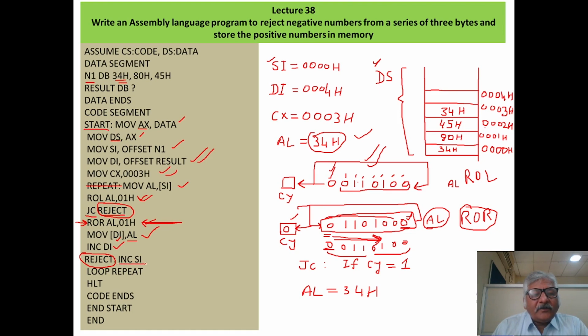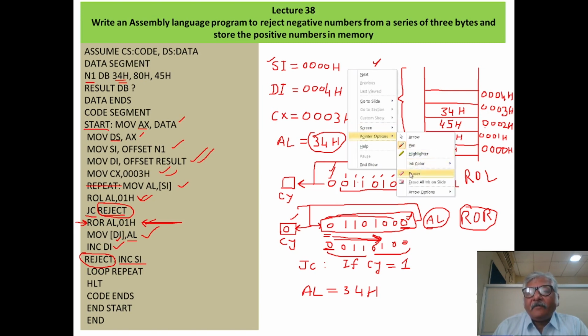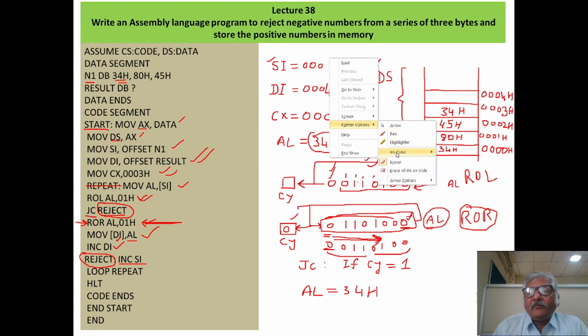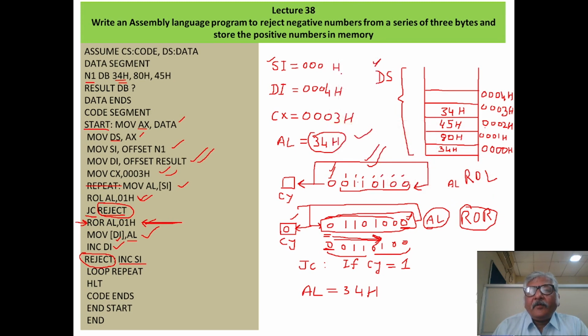After this, the instruction INC SI will be executed. This will increase the value of SI by 1, because our second number is at offset 0001, so we have to bring that address. Here it is now 0001. Then LOOP repeat. What will loop do?